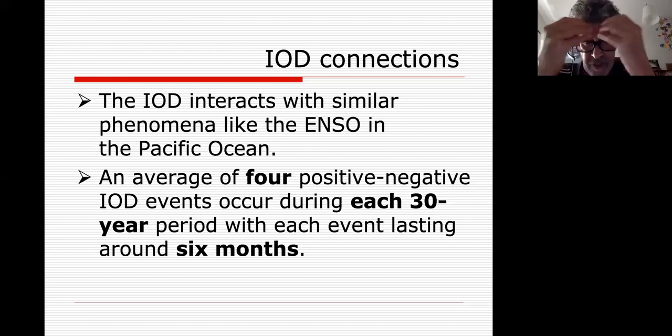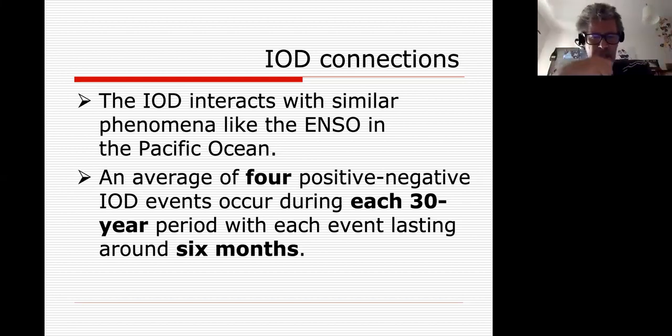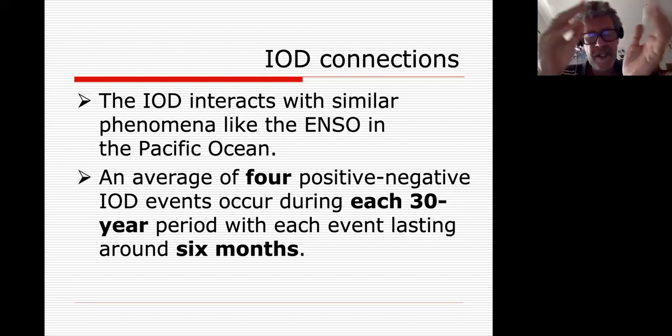Well, we can find 4 or 5 positive and negative IOD events during each 30 years, which is frequent, though not as frequent as El Nino possibly, where the frequency is comparable. Remember, El Nino happens every 2 to 7 years.